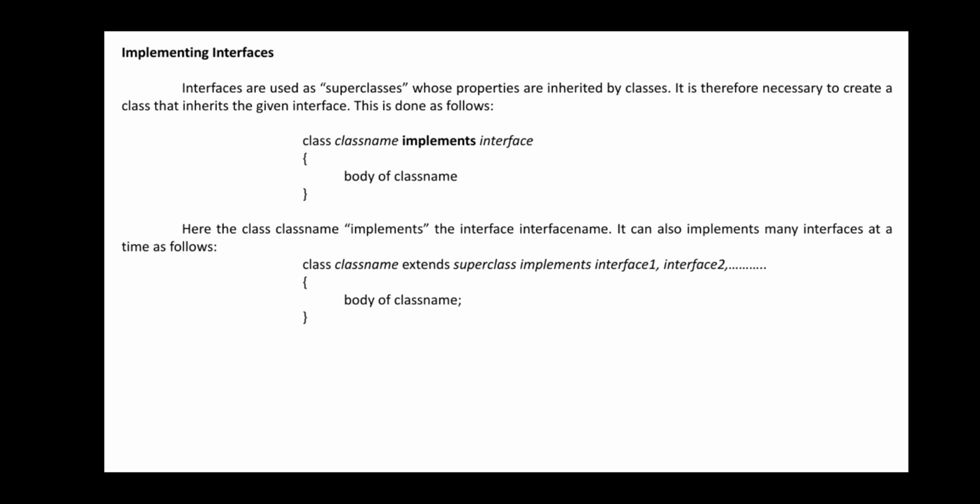Interfaces are used as superclasses whose properties are inherited by classes. It is therefore necessary to create a class that inherits the given interface. This is done as follows: class name implements interface. Here an interface cannot be extended by a class. One interface can extend another interface, not an issue, but a class cannot extend an interface; it can use the keyword implements.